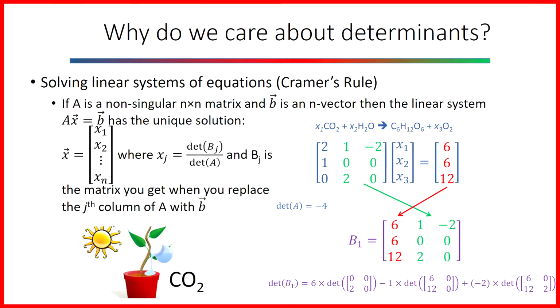Again, the determinant of the first two 2x2 matrices is equal to 0, and the determinant of the third 2x2 matrix is equal to 6 times 2 minus 0 times 12, which is equal to 12, so the determinant of B1 is equal to negative 24.